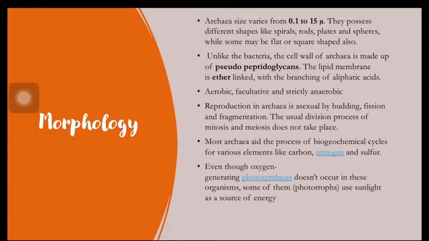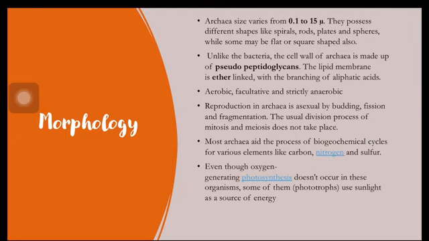They are aerobic, facultative anaerobic and strictly anaerobic, that means obligate anaerobic. Reproduction in these organisms is by means of budding, fission and fragmentation. Similar to bacteria, there is no meiosis and mitosis.